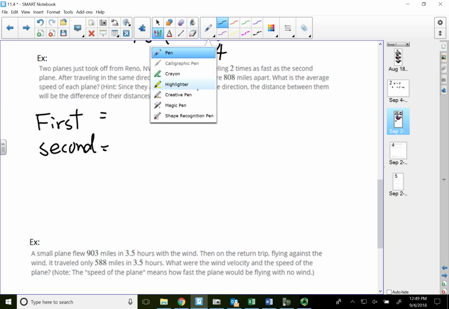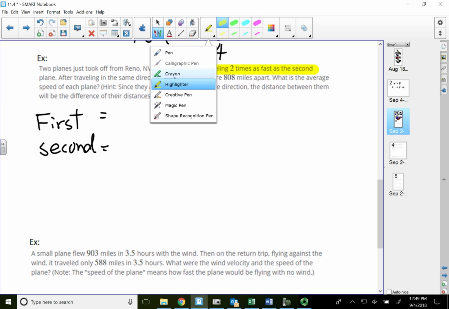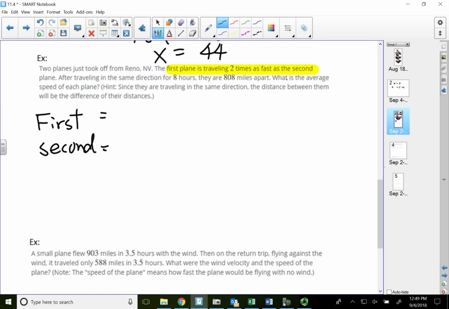So if I translate the phrase, the first plane traveled 2 times as fast as the second one, the second one is x. The first one is twice as fast, which is 2x. So that's my speed. After both of them flying for 8 hours, the distance between them is 808 miles apart.